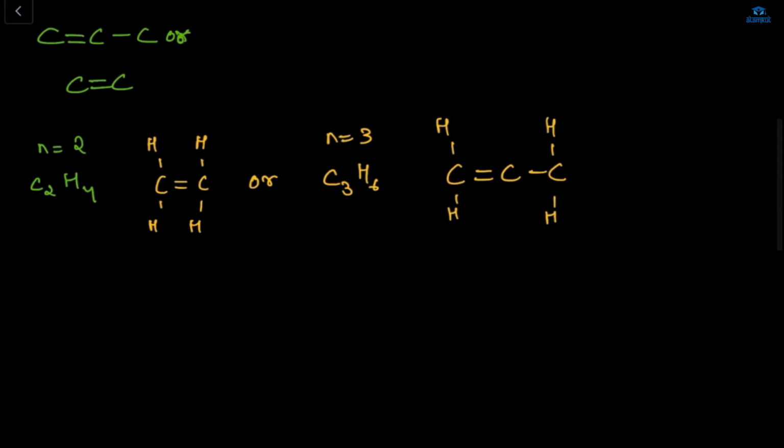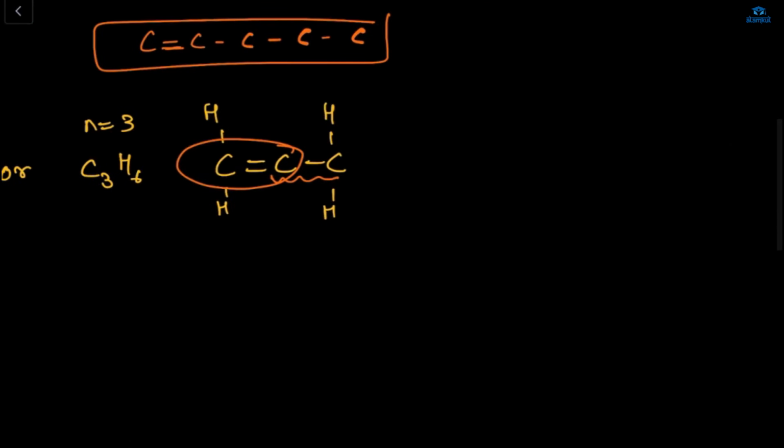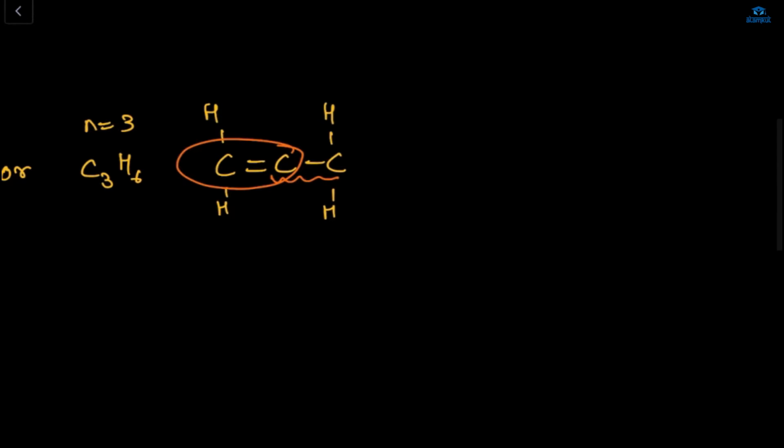We have to put the carbon-carbon double bond in only one place, not everywhere. Here we can put the double bond. This is your alkene. It's not that we have to put a double bond in all the carbon-carbon bonds. No, we have to put the double bond in only one of the carbon-carbon bonds.